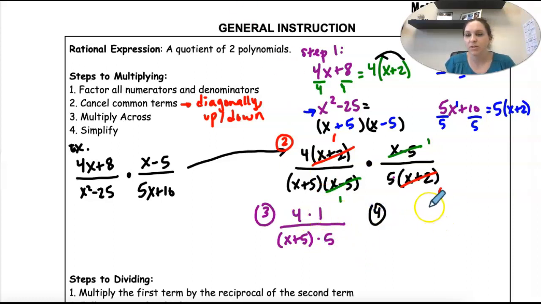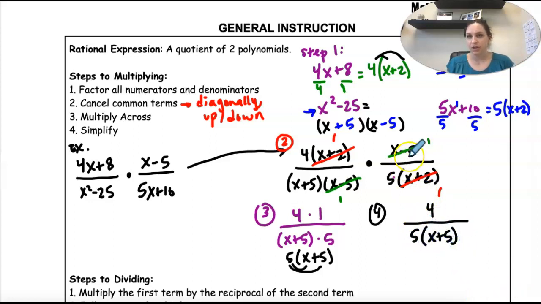So 4 times 1 is 4. And then I have to multiply this 5 by both of these. So usually we see it like this, 5x plus 25. But you don't always have to do that. I'm just going to leave it in factored form, because that's how your questions will be. And this will be our answer.